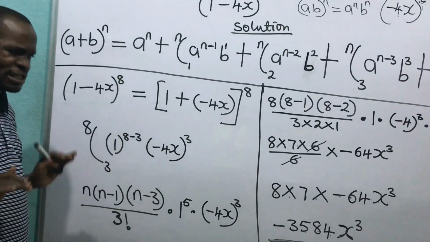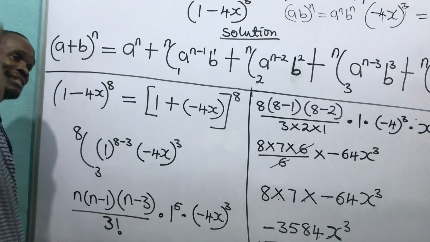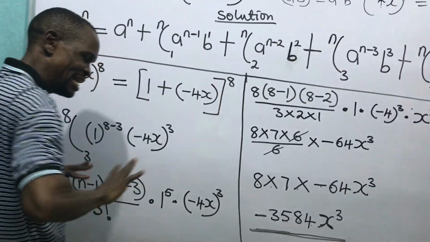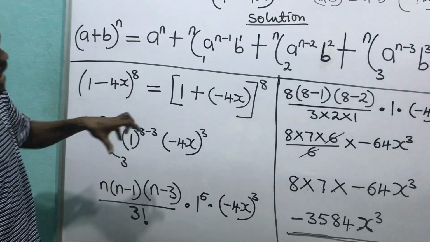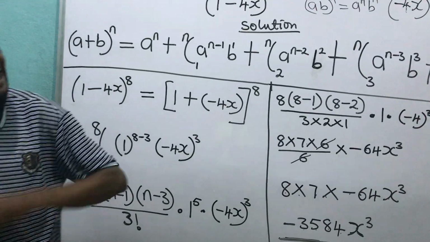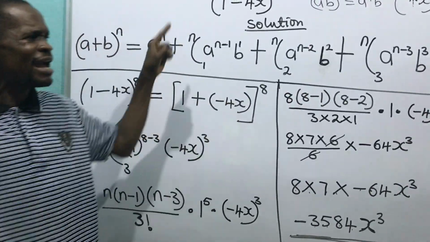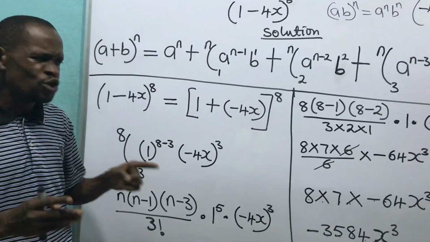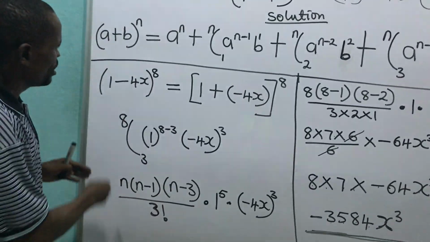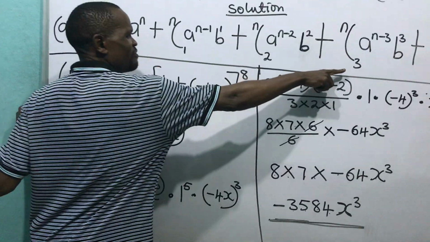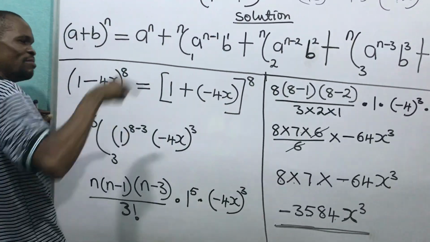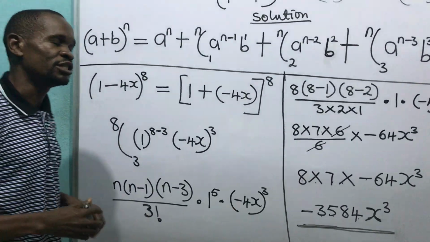So I think I've explained how you can get exactly the nth term in a binomial expansion. That's what I told you, that this video will teach you how to get the nth term in any binomial expansion. So we have learned now that for me to get any term in a binomial expansion, whatever I'm choosing plus 1 will give me that term number.